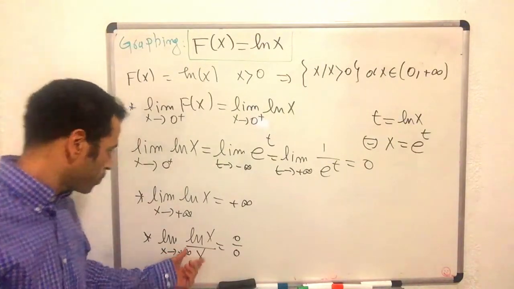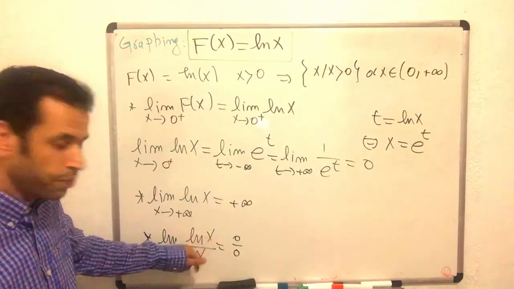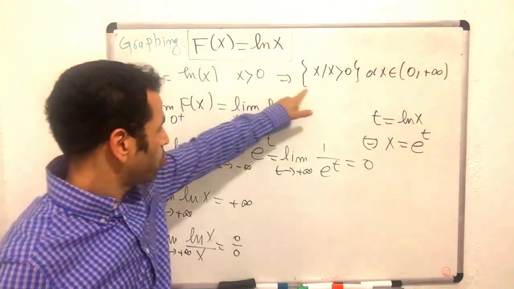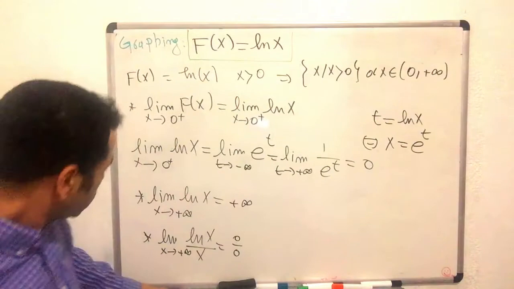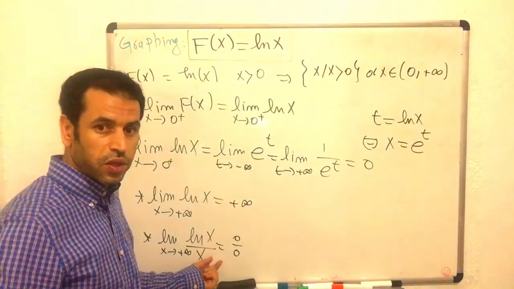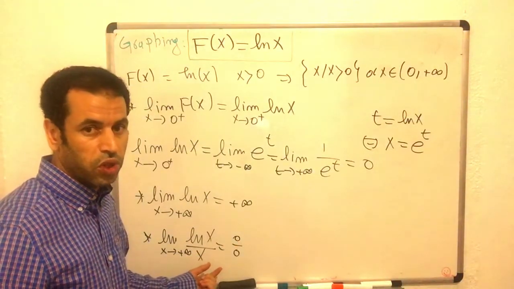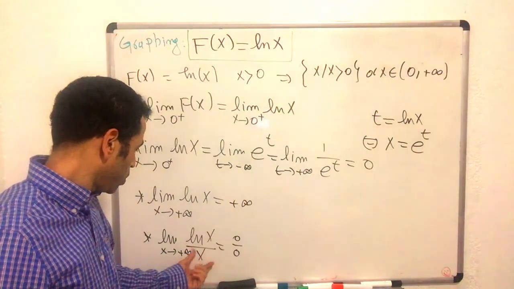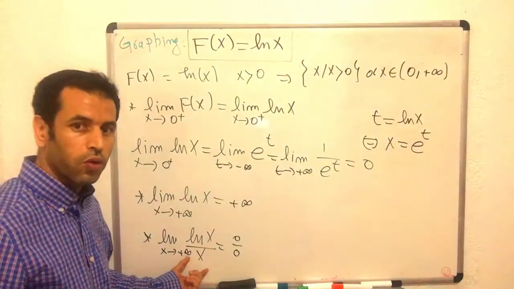In this case, as you know, natural log x is a derivative function over the interval from 0 to plus infinity, strictly superior to 0, and the function x is defined on all real numbers. That means these functions are continuous and differentiable. So that means we are allowed to apply L'Hopital's rule here.